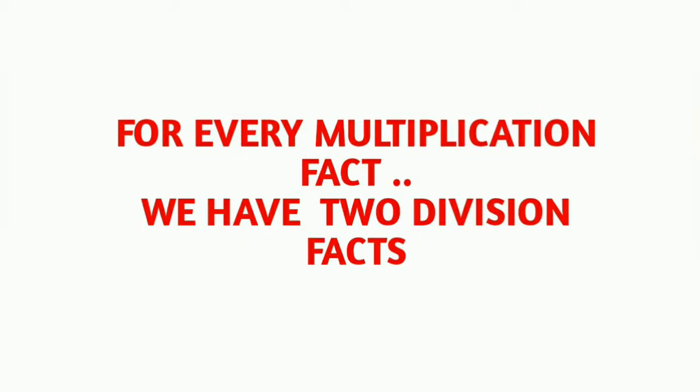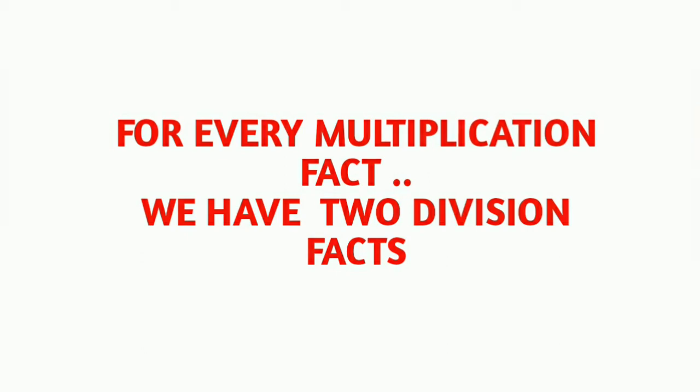So what we got is that division is the opposite of multiplication. You can see division is the opposite of multiplication. Just remember this, that for every multiplication fact we get 2 division facts.